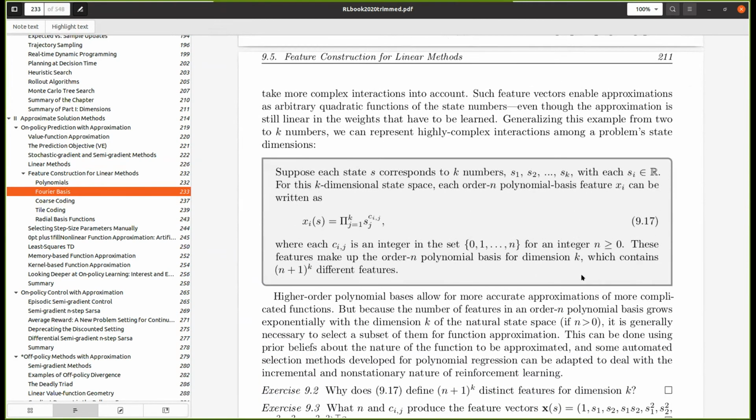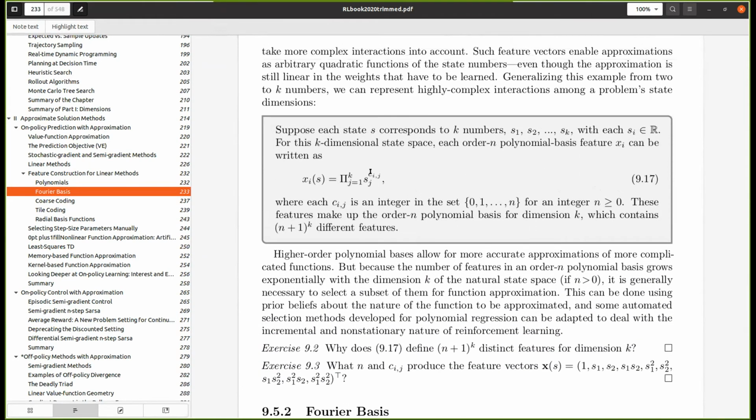Okay, so here you can see that if we have a k-dimensional state vector, so a k-dimensional state space, the order n polynomial features can be written as a way to write all possible features.